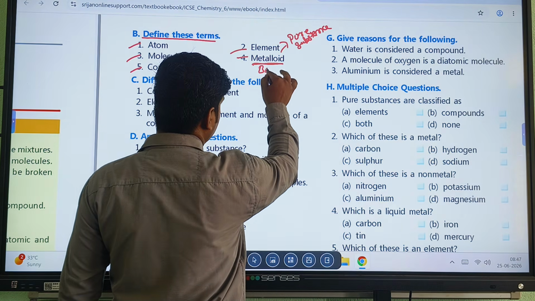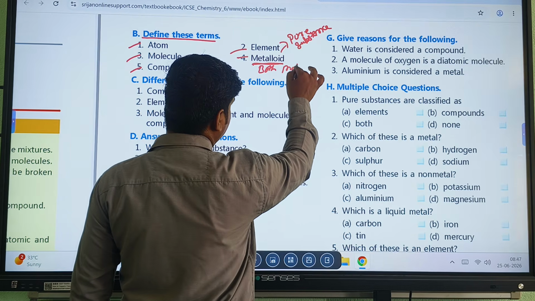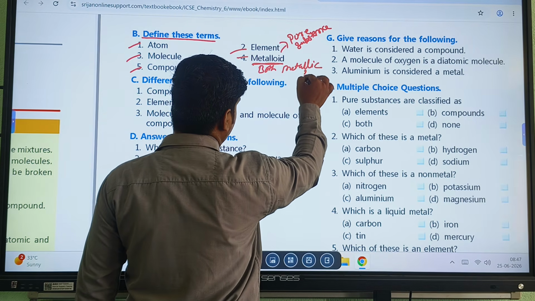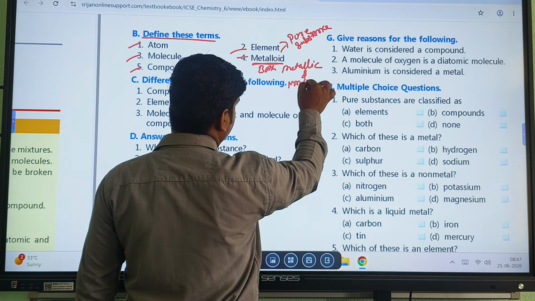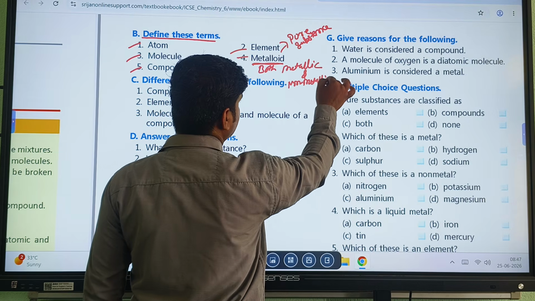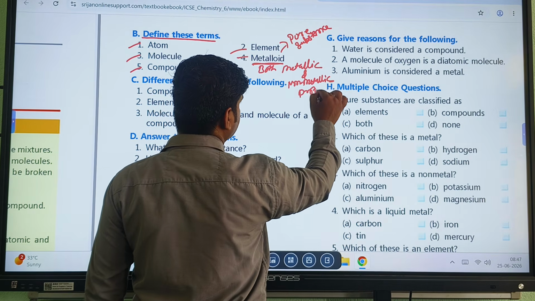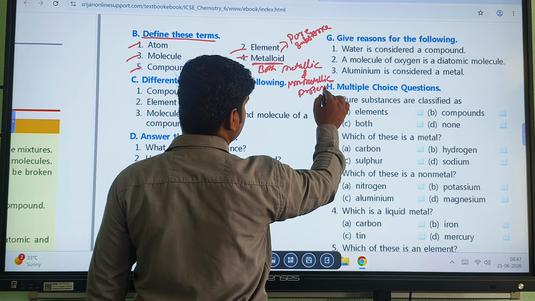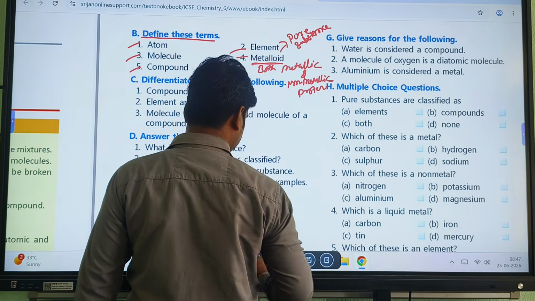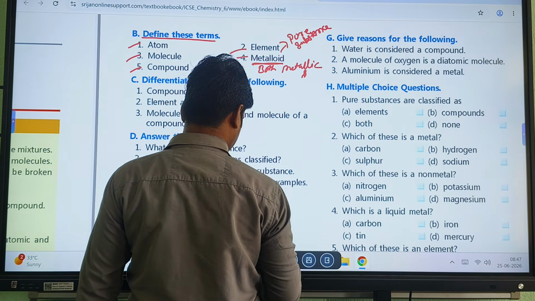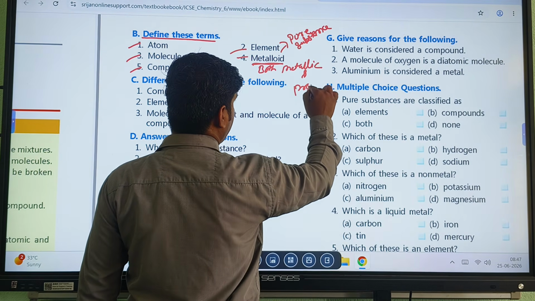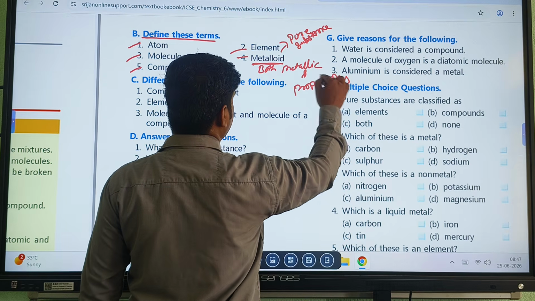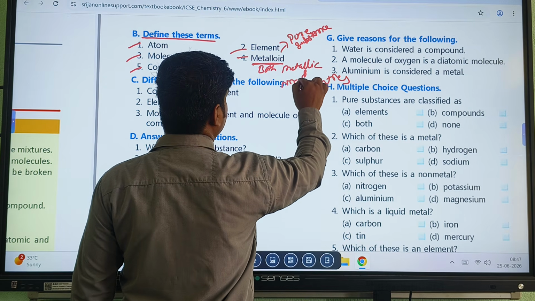So it has both metallic and non-metallic properties. Metallic and non-metallic.